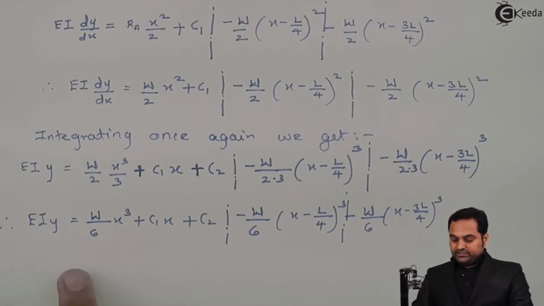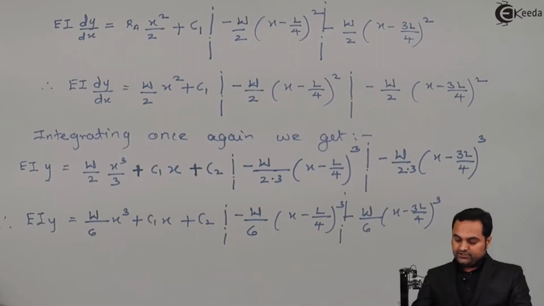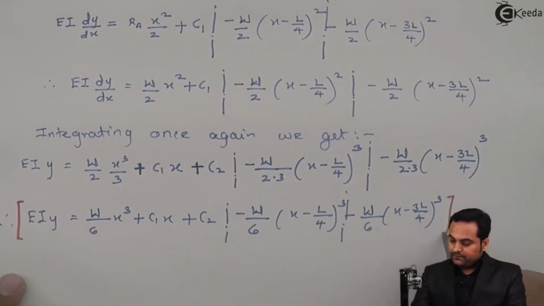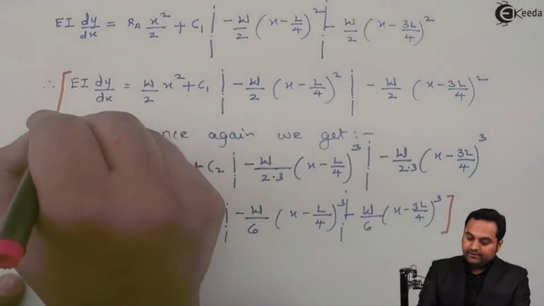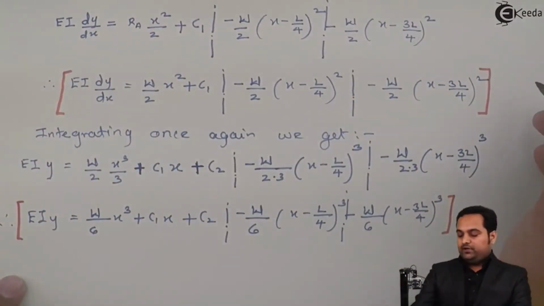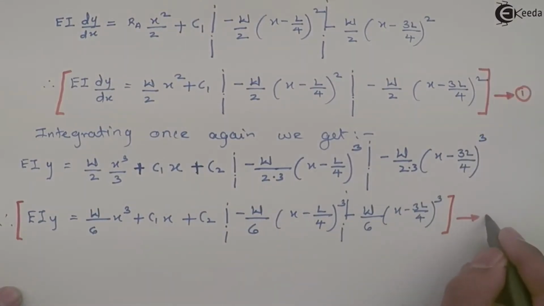So now this equation is the deflection equation, and previously EI dy by dx was the slope equation. So I'll keep this as equation 1 and here is equation 2.